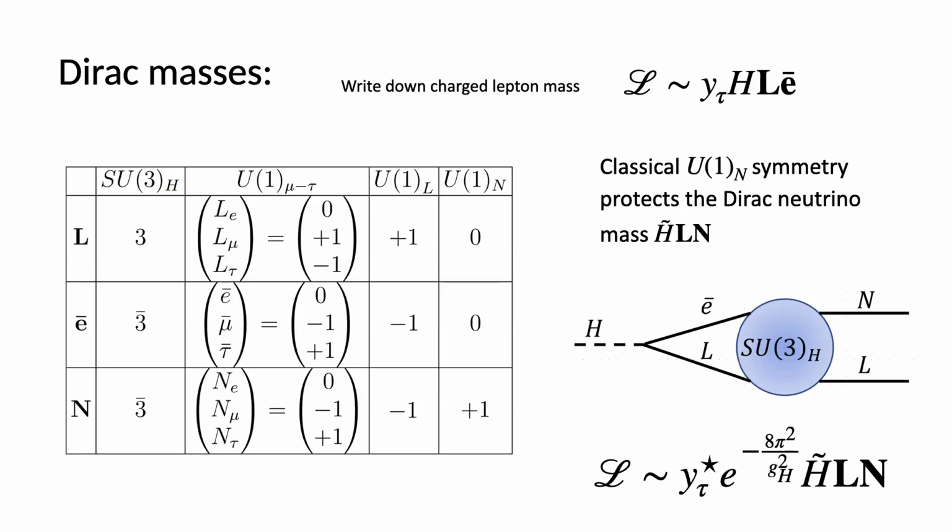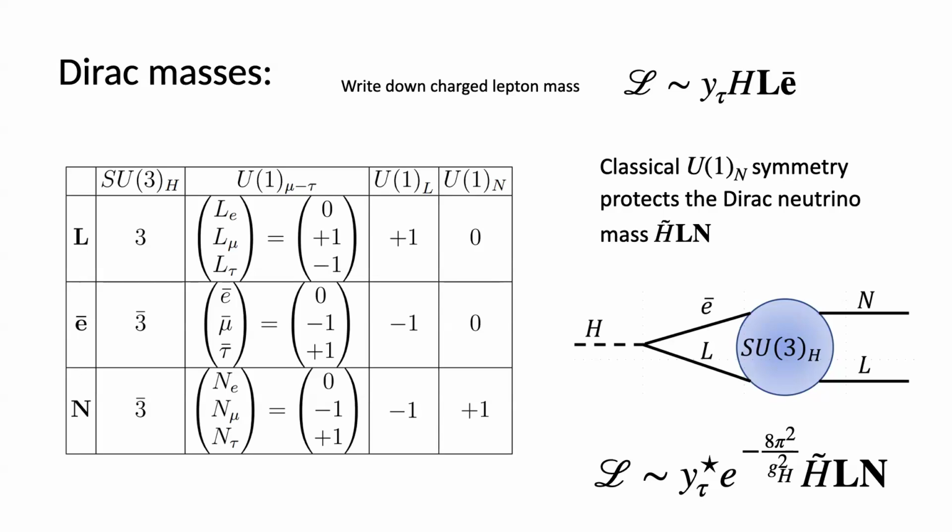And what that means is in this UV theory, we can start in the far UV and only write down the charged lepton Yukawa. It's a flavor symmetry, so everything's flavor symmetric here. I've put the tau Yukawa as the largest Yukawa. There's a classical symmetry that protects the Dirac neutrino mass term, but when I coarse grain to the infrared, when I do some RG flow, there are these 't Hooft vertices that in this case are relatively simple to understand.